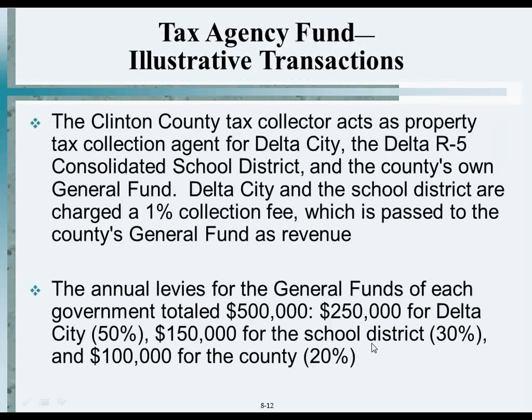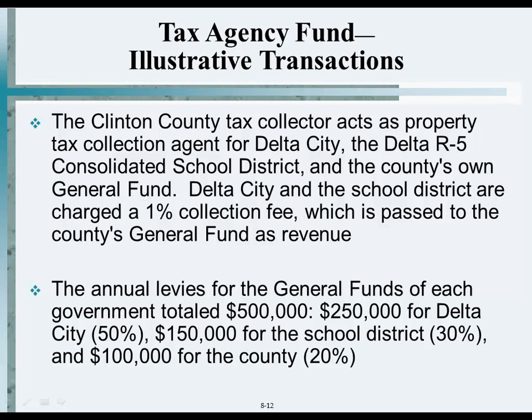That's all it is. Next example is the tax agency fund. Now, this is an example. The tax collector collects taxes for these entities: Delta City, Delta R5, school district, and county's own general fund. So taxes are being collected for how many entities? 1, 2, 3, and 4.